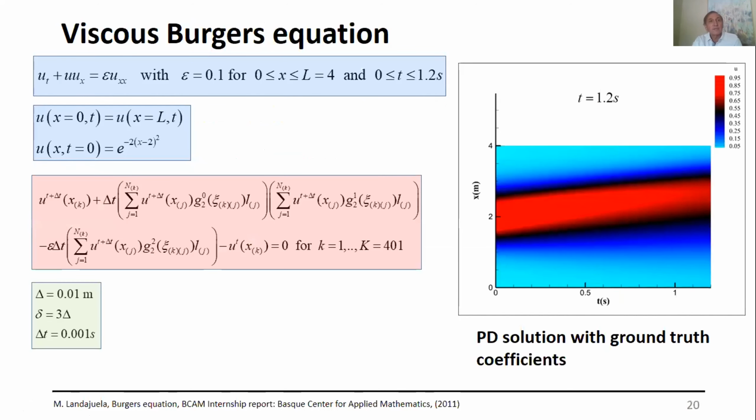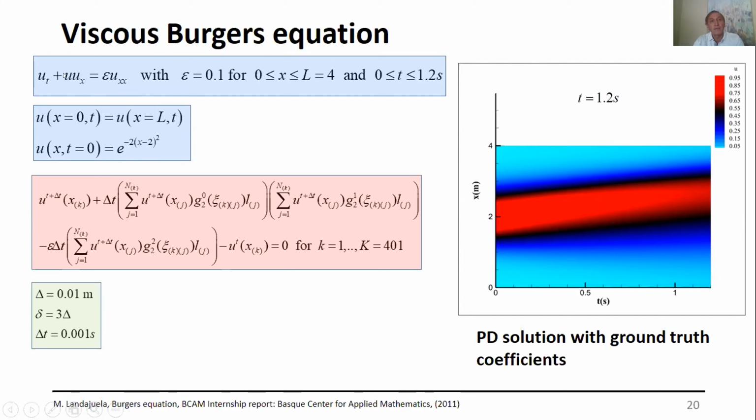The first one we considered is the viscous Burgers' equation. As you can see here, I have coefficient 1, epsilon 0.1, and periodic boundary conditions with this initial condition. I discretize the given equation, as I mentioned before, and I'm going to solve it implicitly. This is my peridynamic discretization. The highest order derivative is 2, so my peridynamic function is G2.